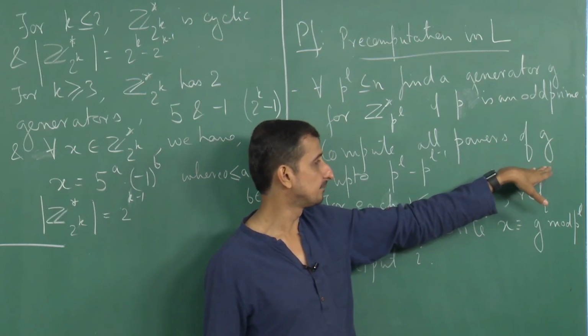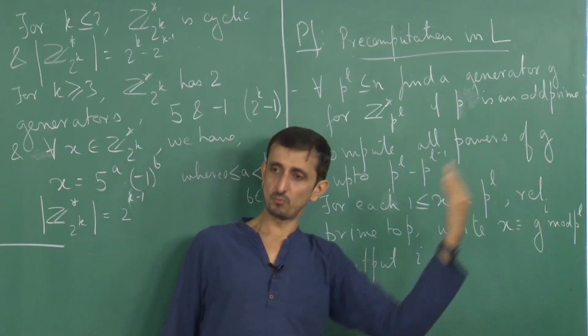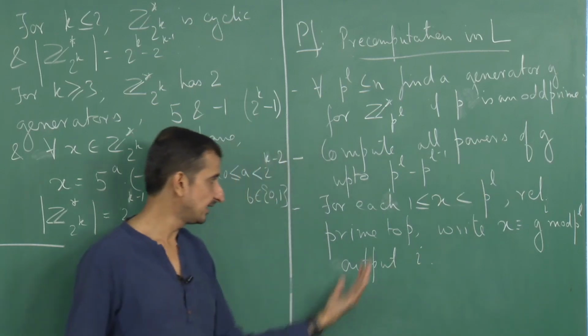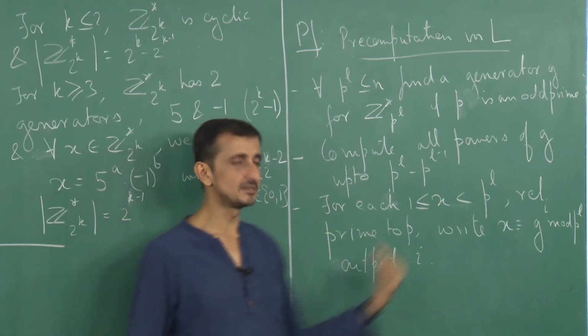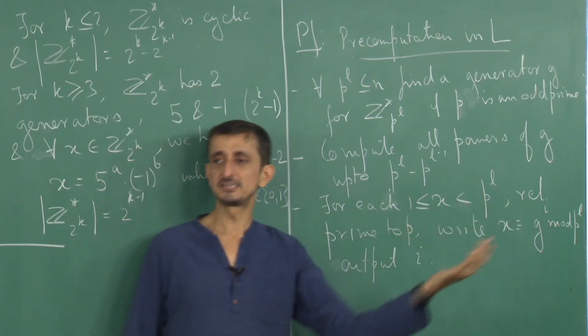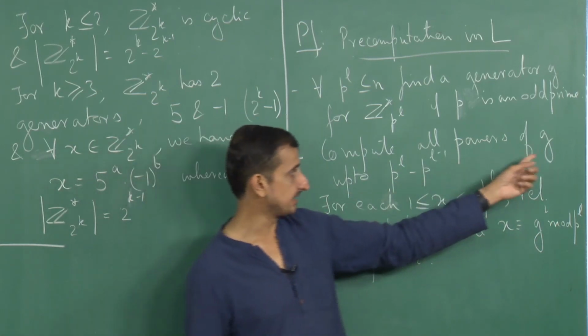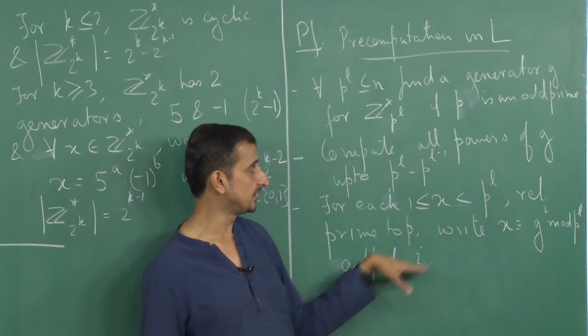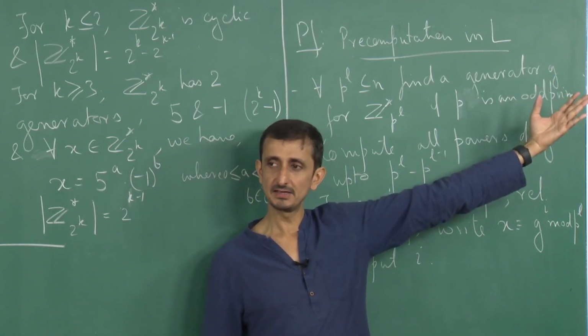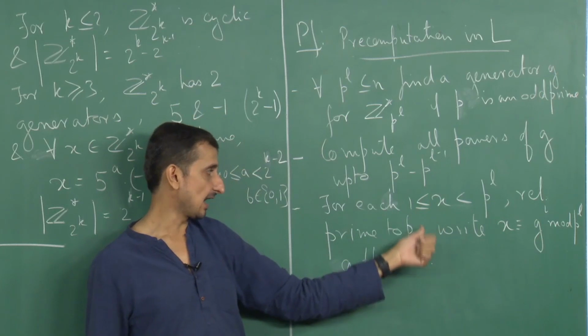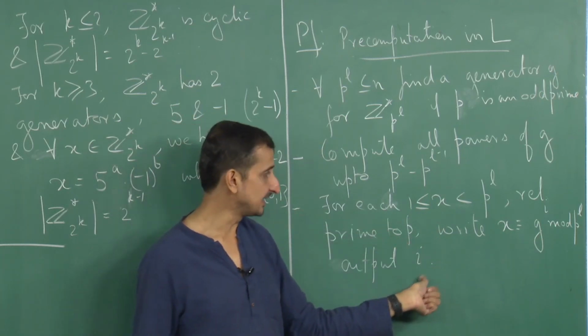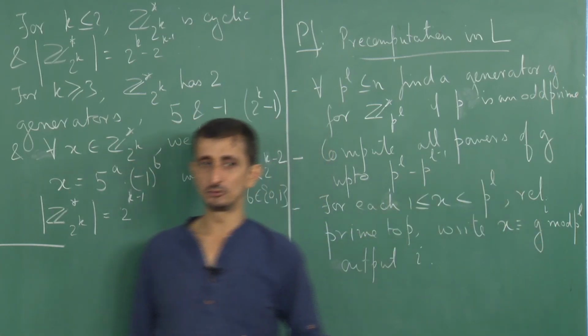For each power I am finding out the corresponding element, and given an element I am finding out the corresponding power. So if I have all of this pre-computed, I know what g to the power i is, and given an element x, I know the i such that x is congruent to g to the power i.